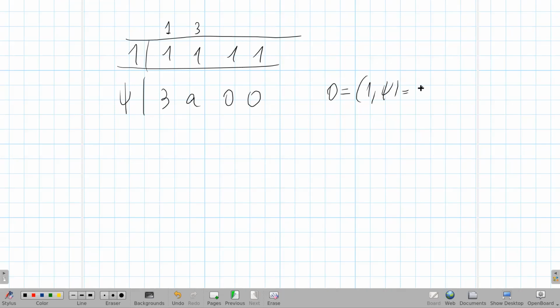So this is 1 over 12 times 3 times 1 plus 3 times 1 plus 1 times a, but the factor 1 over 12 is irrelevant because the result is 0. So 3 plus 3a is 0, so a is minus 1. So we found exactly what the value has to be: minus 1.